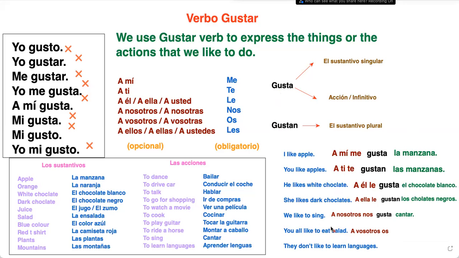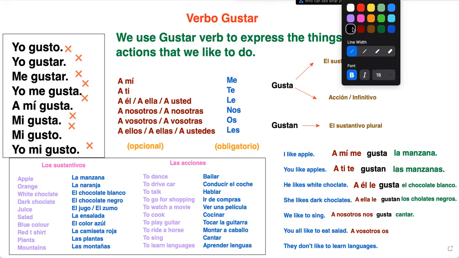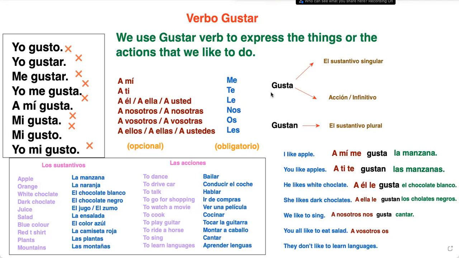It's an action, to eat salad. It can be to eat apples. It can be plural. But what is coming first? It's an action that is coming. I'm talking about an action, the thing that I like to do. So it's to eat. What's the word for to eat? That's comer. It's not written here, but I will just write it is comer. So if it is an action, which verb will I use?